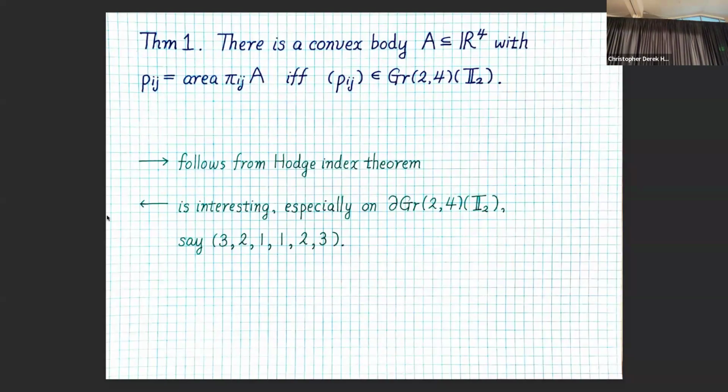So I asked in all versions, all the $200 versions of the available ones, can you find me just one A with projection areas 3, 2, 1, 1, 2, 3? And after like 200 tries, we never got anything close to the final answer. So this could be an interesting test case.